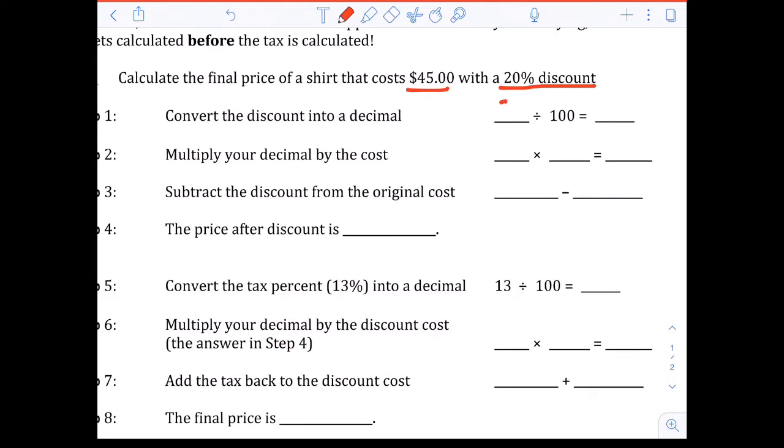So we know that, as we've done earlier, 20% is 0.20. And if I take 0.20 and multiply it by the item, I'll figure out how much we're saving. Multiply it by $45. We'll find out that we're saving, when I put it into my calculator, $9.